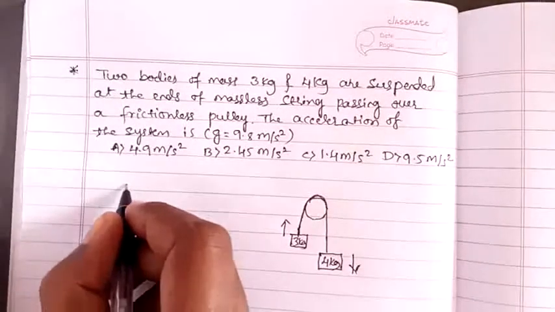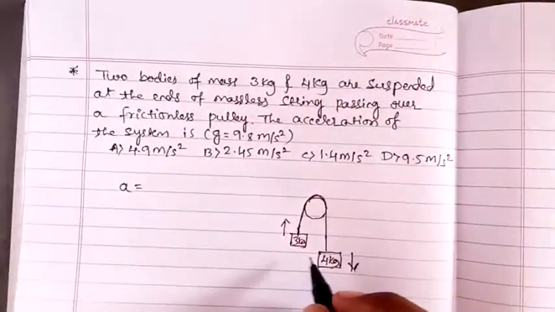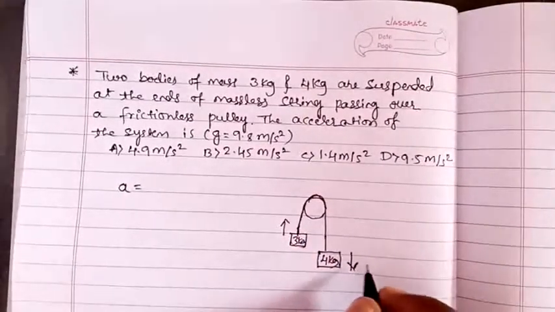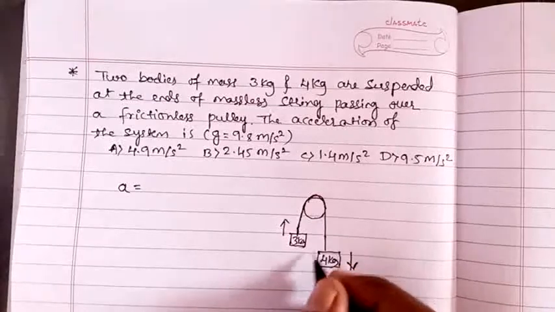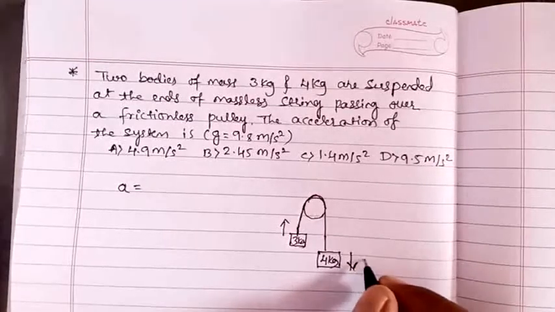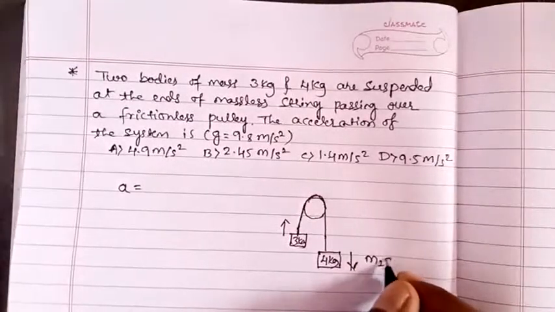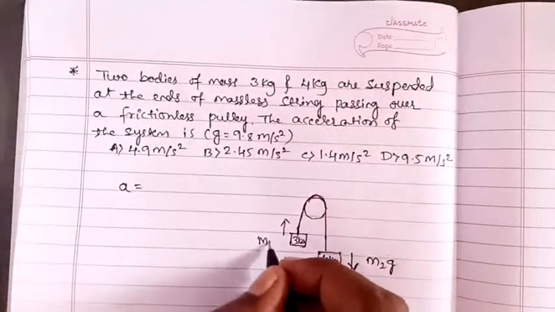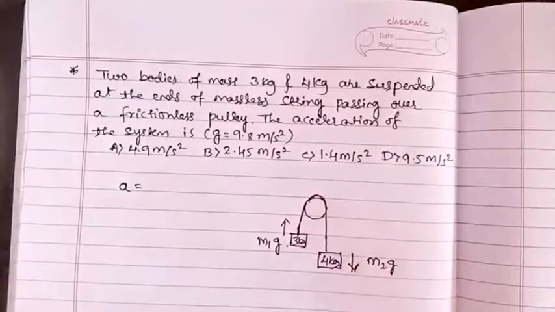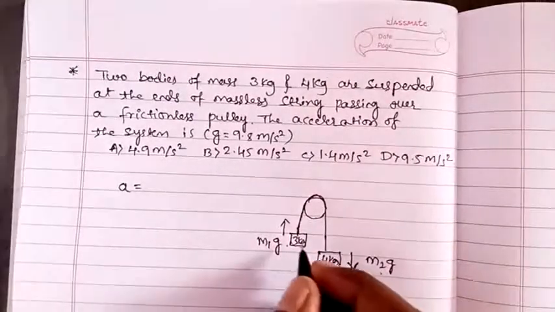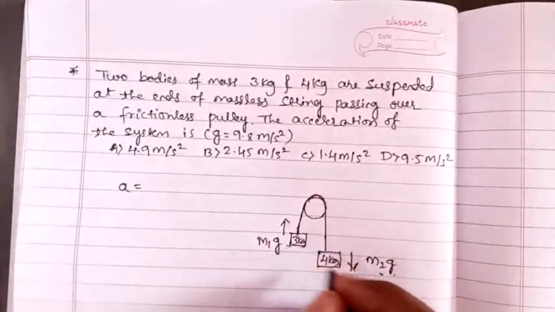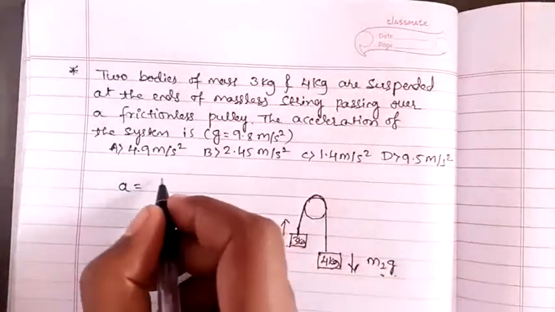Acceleration is equal to the net force acting on the system. What is the net force acting on the system here? The weight of the second body I will take as m2g, and the weight of the first body as m1g. Then m2g minus m1g, because m2g is greater than m1g, since 4 kg is greater than 3 kg.